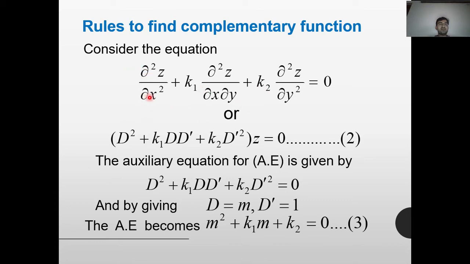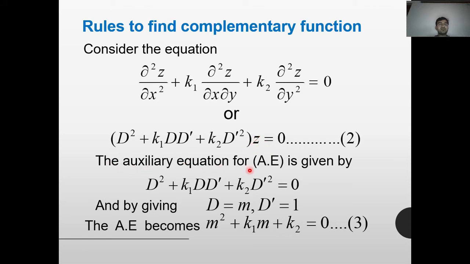We put ∂/∂x equal to D and ∂/∂y equal to D'. So we have (D² + k1 D D' + k2 D'²) z is equal to 0.